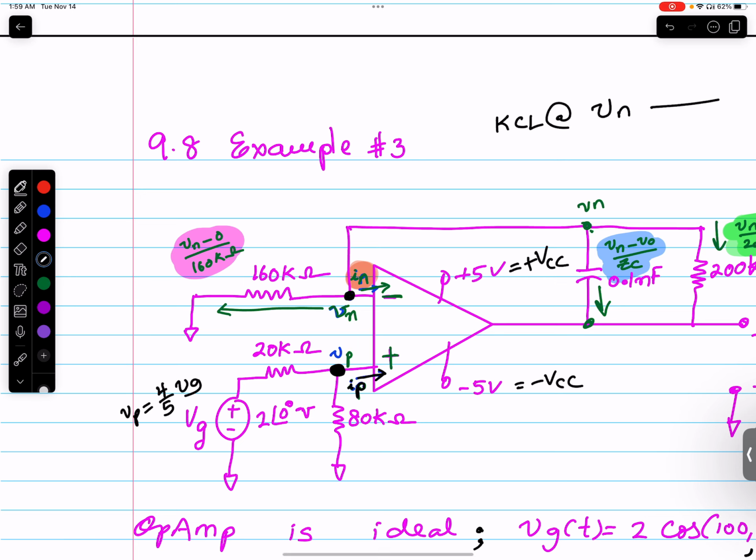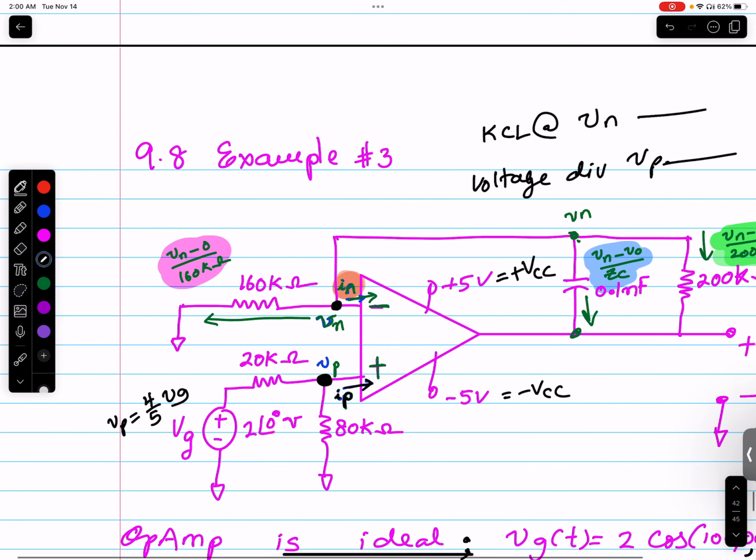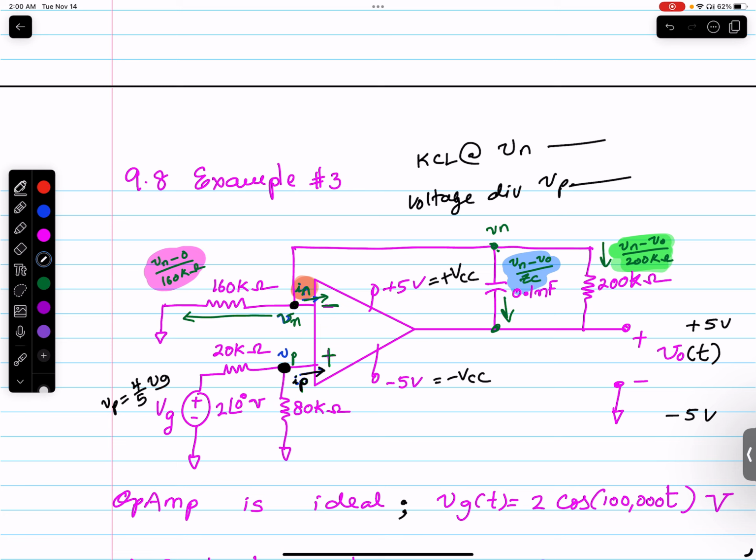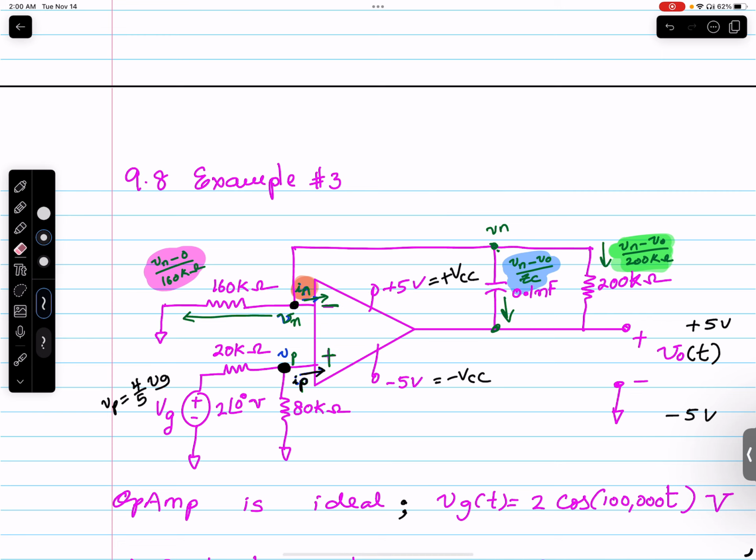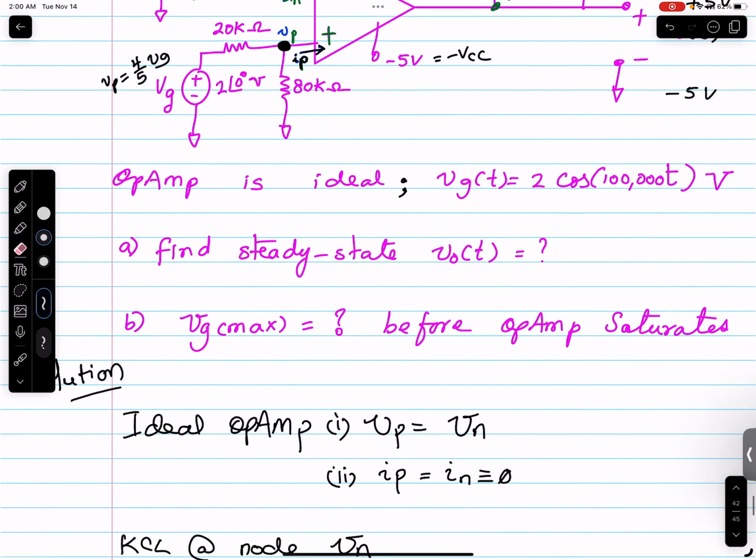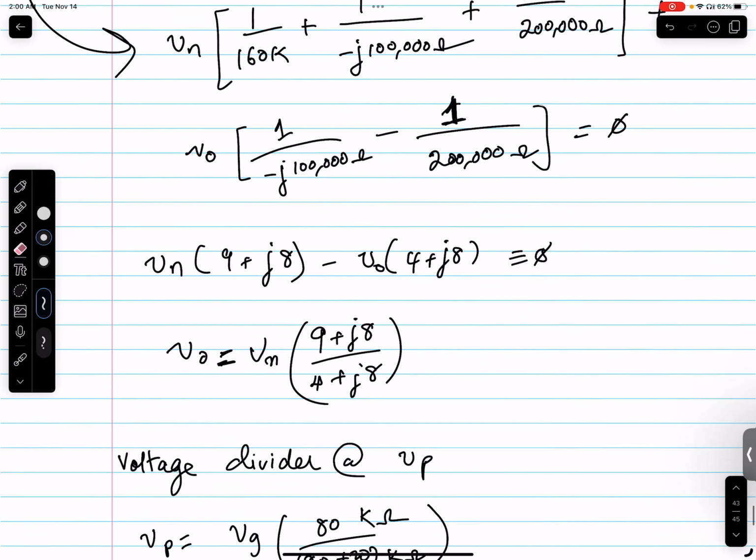That will give you an equation. Then you can apply voltage division at Vp. That will be an equation. The third equation comes from Vp equals Vn. You can plug that in and simply do the mathematical solution. You will arrive at the answer.